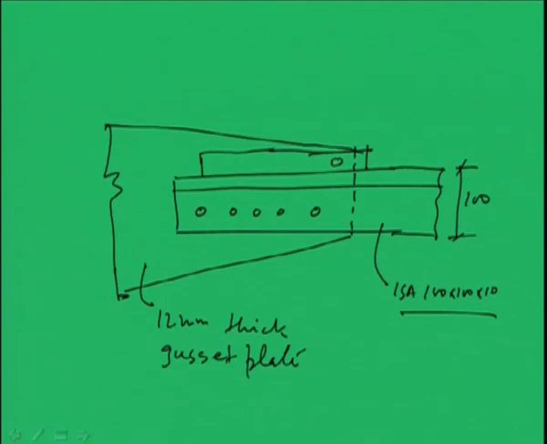So, we can make 1, 2, 3, 4, 5, and the number of rivets between the main angle and the lug angle are 6 as we got. So, this will become 6, right.